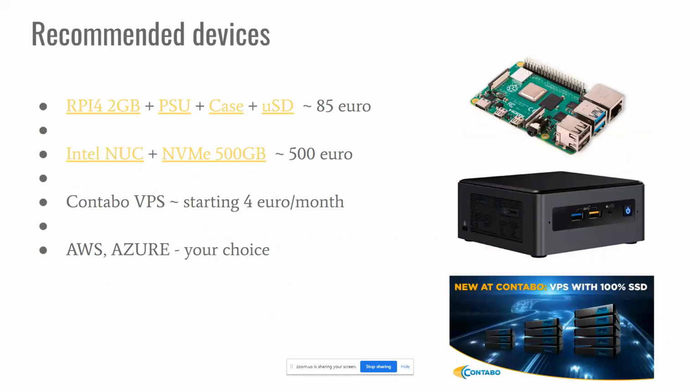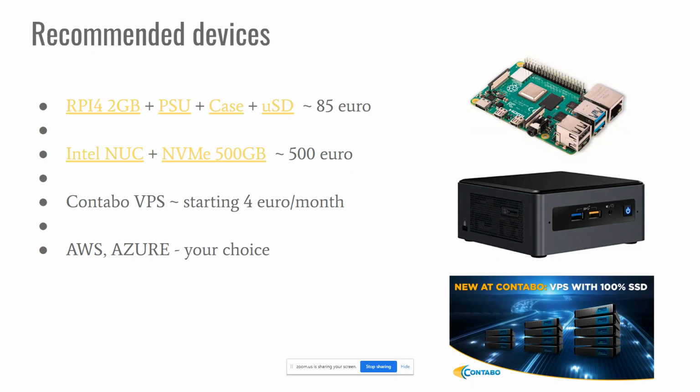What are the recommended devices that can be used? We don't limit the possibilities to what is displayed here. It's just a recommendation. It's what we are using at this moment for other projects. So we can start from the cheapest device, which is a Raspberry Pi, plus a power supply, the case, and the micro SD card.